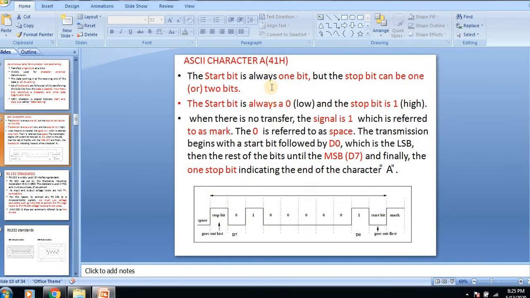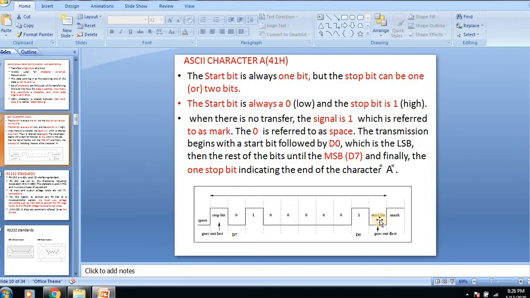For example, now we'll see how data framing takes place in asynchronous transmission. Here we are considering the ASCII character A, and the ASCII equivalent value for A is 41H, that is 01000001. Always this ASCII character is placed between the stop bit and the start bit.